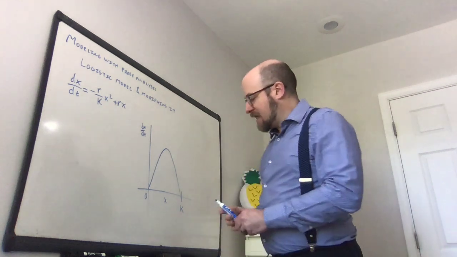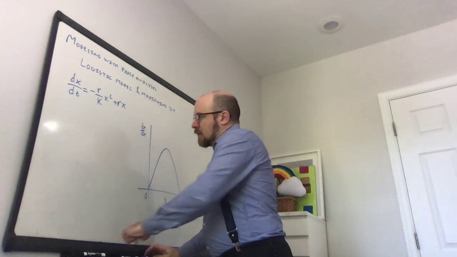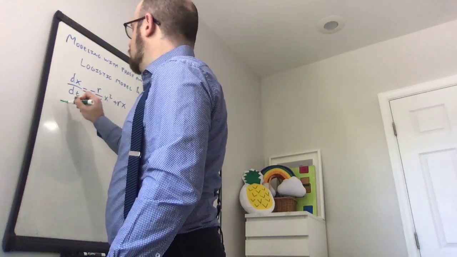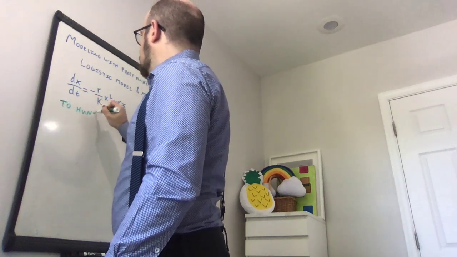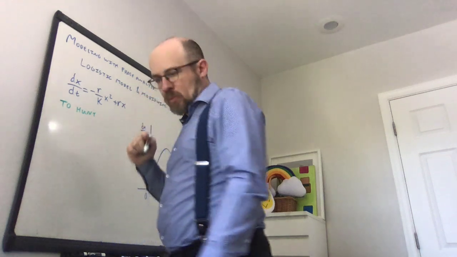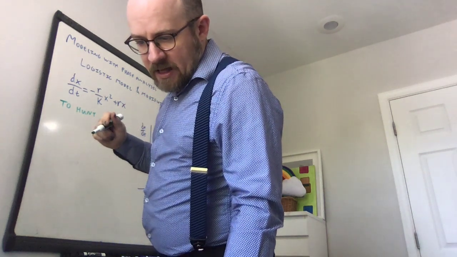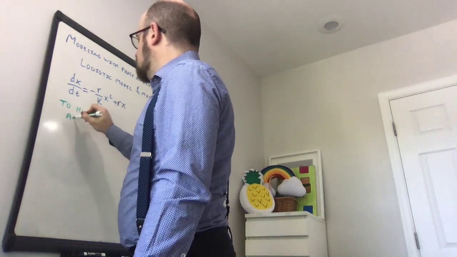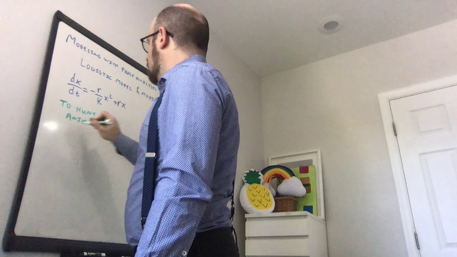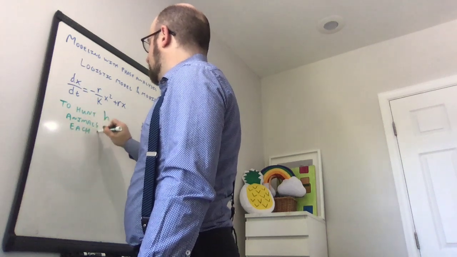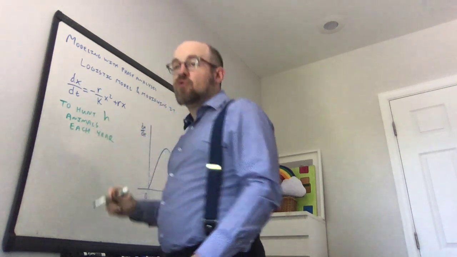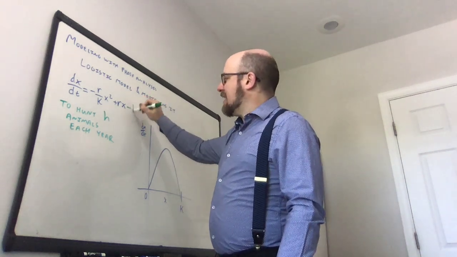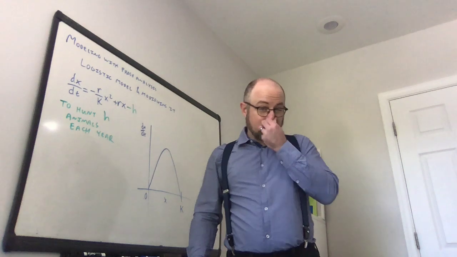And so say we modify this model. Say we decide to hunt, what's the variable that I use here? Let's see, h. So we decide to hunt h animals each year. So you're removing h from the population each year. That's going to give you a minus h in your differential equation.